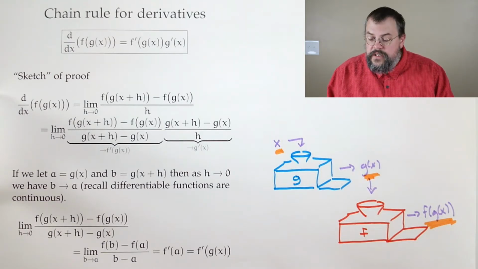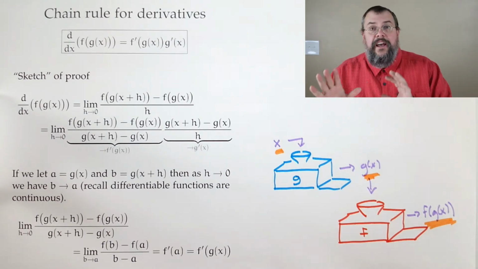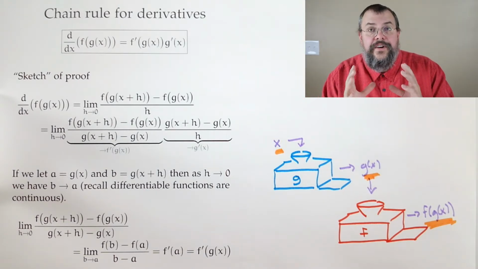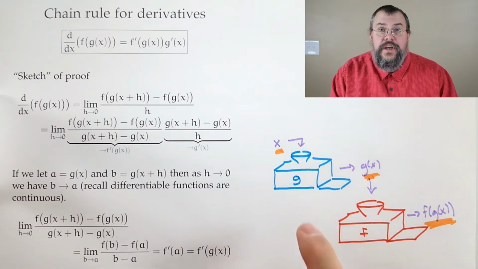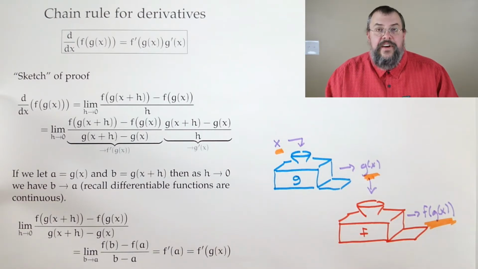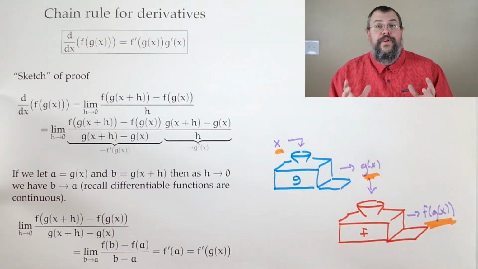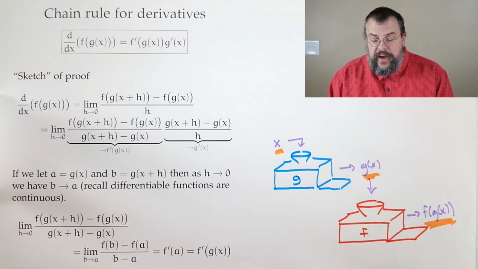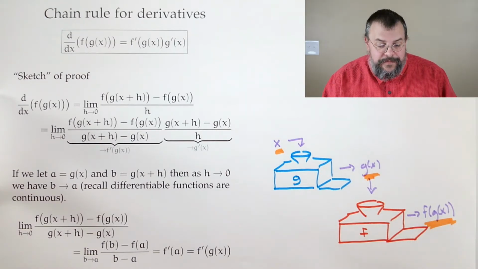So now the question is, okay, how do we handle the effect of the function in the first layer, so in our case the g, and the effect of the function in the second layer, f, to see what the total effect would be to the change in our function f of g of x. And the answer is so beautiful.